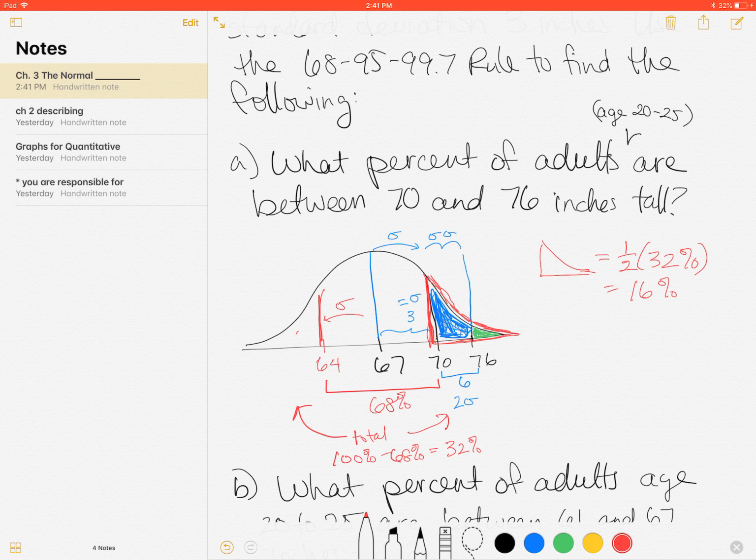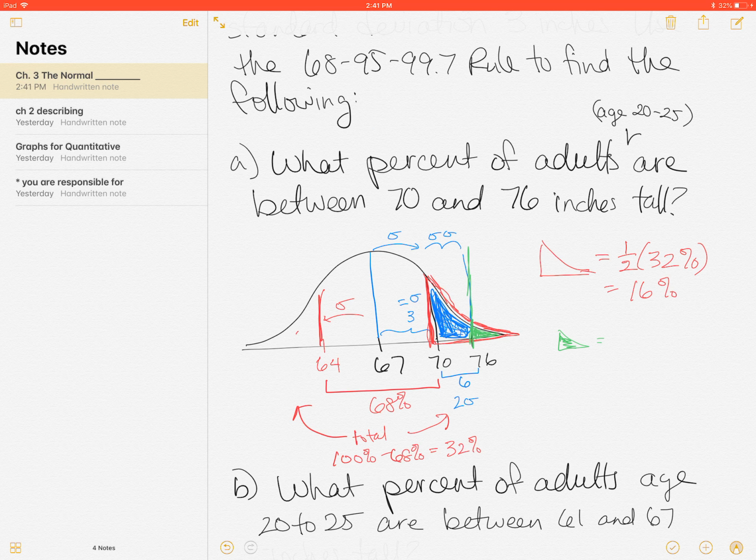So now we're going to find our little green area. And our green, our 76, the line that breaks up the green from the blue, is 3 standard deviations. So if we went out 3 standard deviations either way, that would be 99.7% of our data.